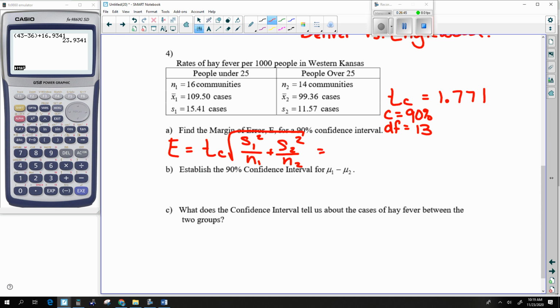So I have enough stuff to get this done. So E is S1 squared divided by N1 plus S2 squared divided by N2, square root that and multiply by TC.